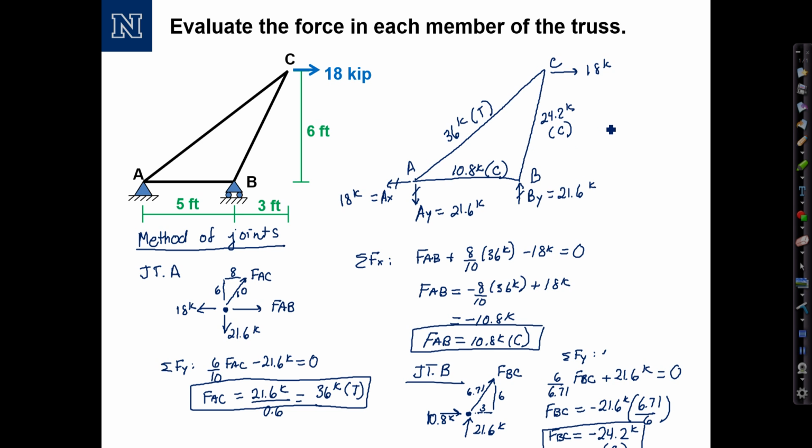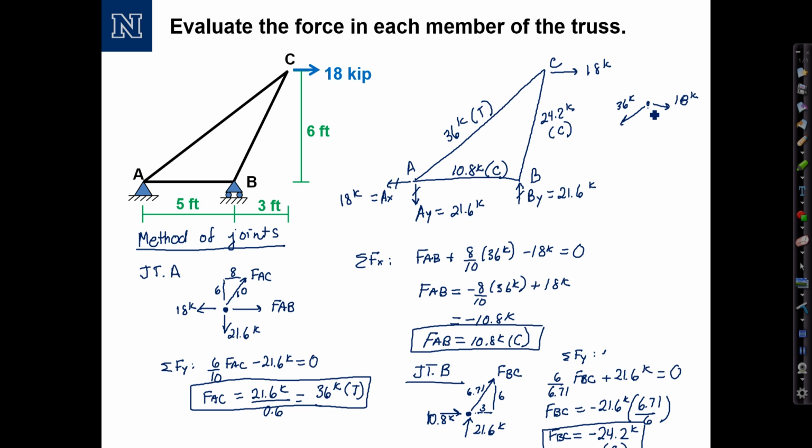Now again, I like to do a quick logic check. All my answers are in the right units of kips, which are force. If I look at joint C, which I did not consider equilibrium, but just for a logic check, that applied force of 18 kips at joint C is balanced by 36 kips in the diagonal.